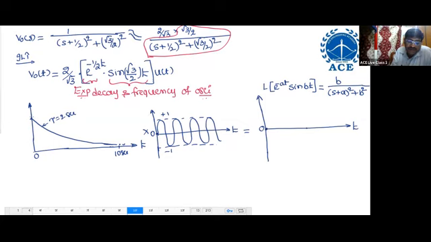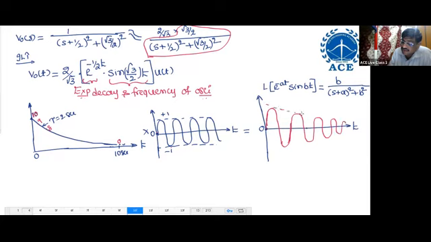Plus 1 into, just for understanding, I'll take some values: 10, 9, 8, like this and so on, up to 0. 0 into 10 is 0. 9 into 1 is 9, and it goes to 9. Next, minus 1 into 8, then it comes back to minus 8. Next, 1 into plus 7 means it goes to plus 7. Next minus 6, then plus 5, minus 4, 3, 2, 1, like this.